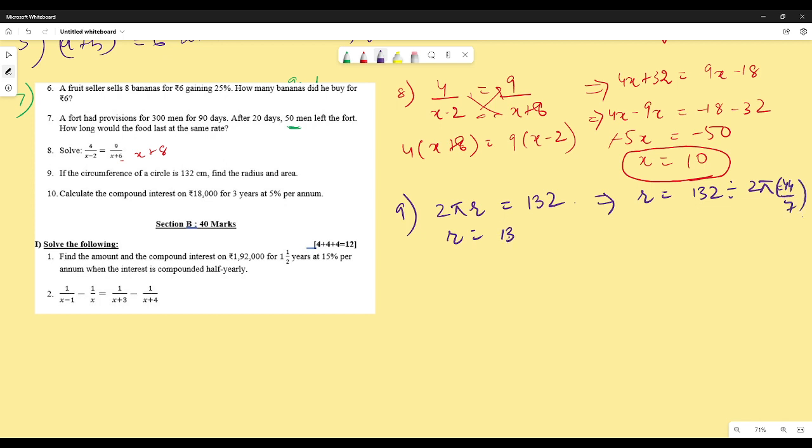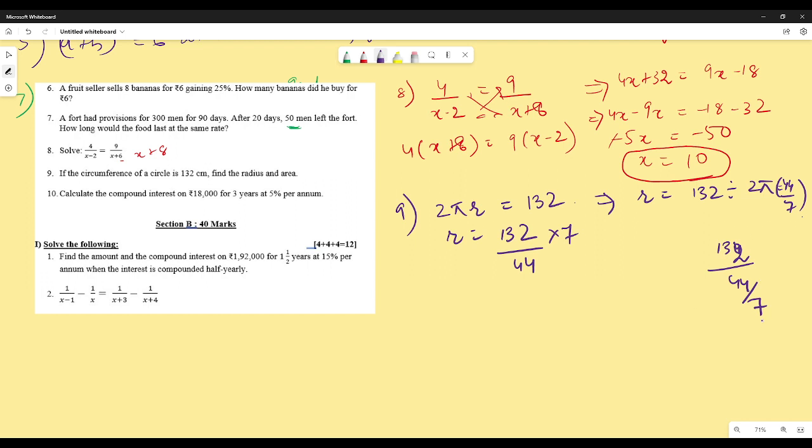So you get the formula, and when you substitute the values, you get 132 divided by 44 by 7. So it becomes divided by 44. And as I said again, as in mixed fractions, as in complex fractions, if you write it this way, 132 by 44 by 7, right?